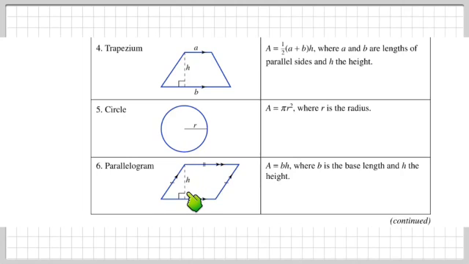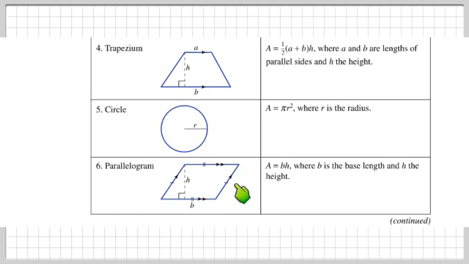This is just simply the base times the vertical height. And you know, ladies and gentlemen, the way that I remember this parallelogram one is very, very simple. In my mind, I get some scissors and I snip up here, right? And I grab that triangle that I've just cut off and I put it over here. And it sits there like that.